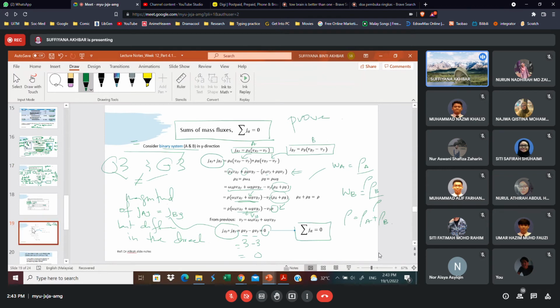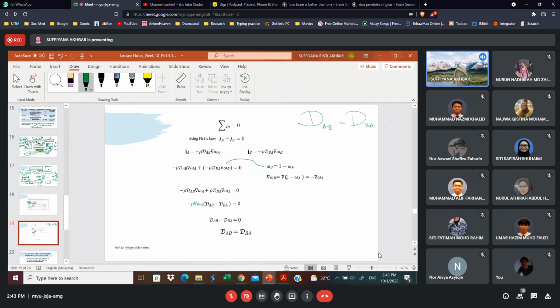Okay, we go back. So this one just to prove that mass diffusivity of DAB is equal to mass diffusivity of BA. Tadi kita tahu sum of mass flux is equal to 0. Now we use the Fick's law, for example, JA plus JB is equal to 0. So kita must substitute by using the Fick's law, so we substitute here is equal to 0.